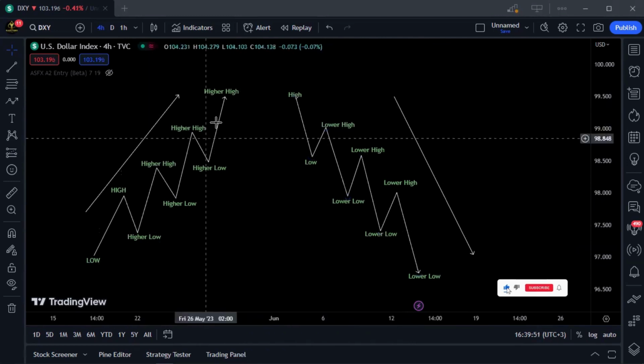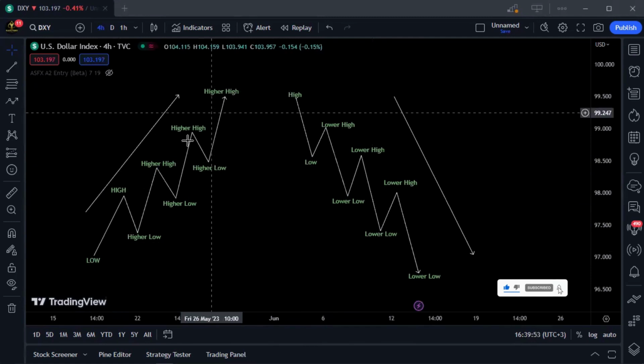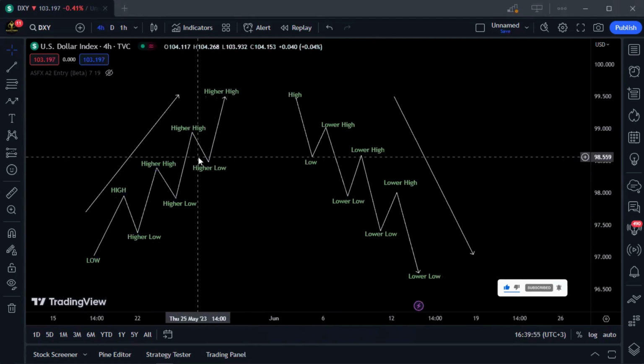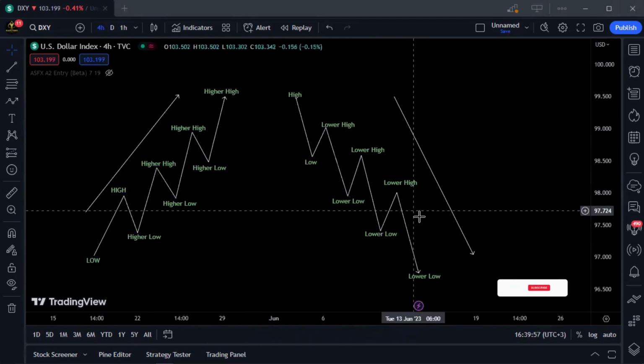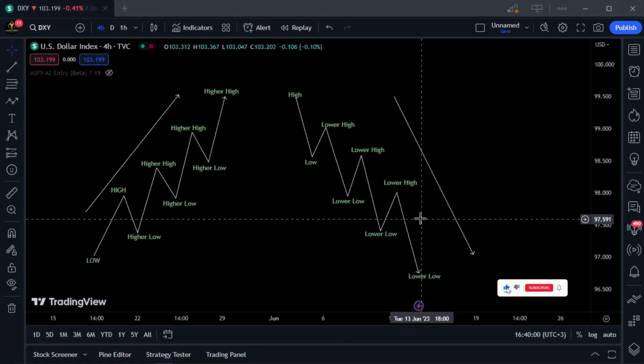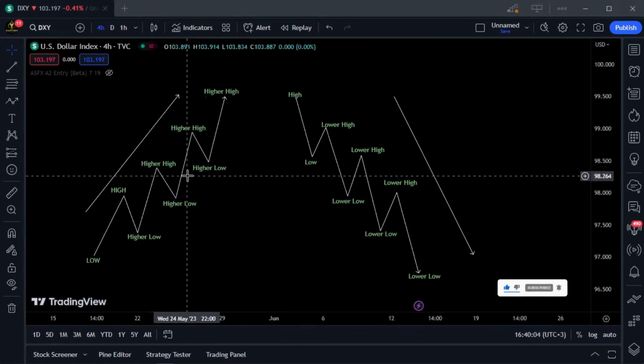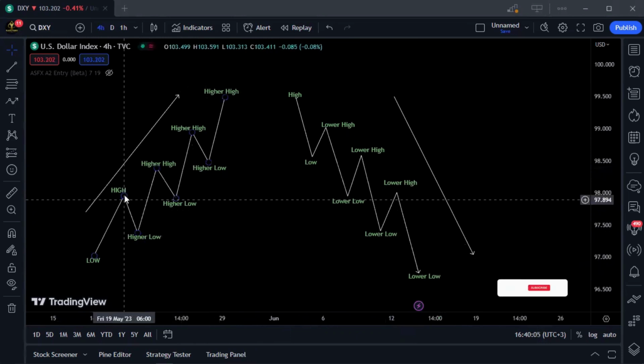Now in this kind of a trend, you need to be looking for buys, nothing more, nothing less. In this type of trend, you need to be looking for sells, nothing more, nothing less. And where's the best place to be looking for buys in such a trend? Obviously, if you're looking for buys, then you want to enter at the lowest possible entry.